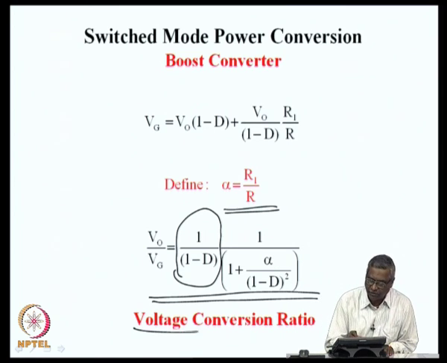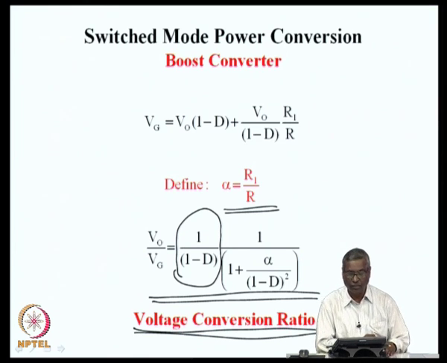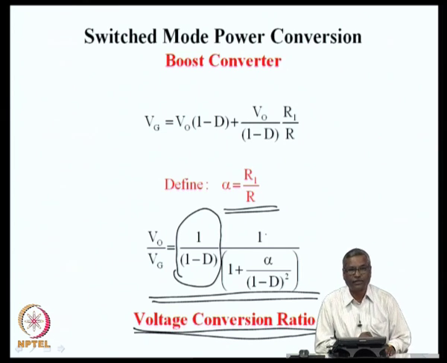We see that the voltage conversion ratio when the inductor has a resistance present is the same as the original ideal ratio multiplied by a correction factor.